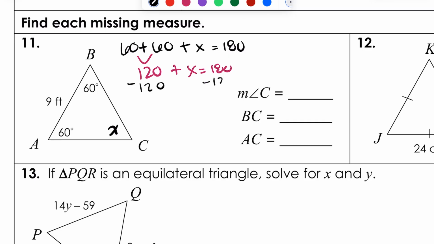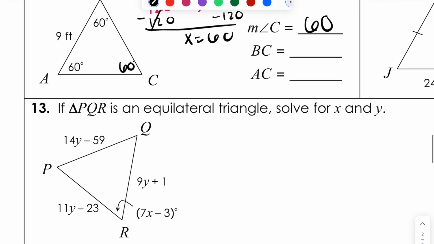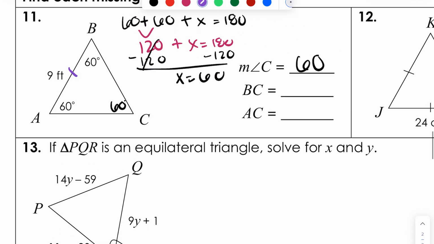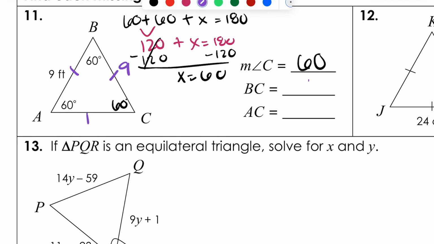Subtract 120 from both sides. X equals 60. Well then, therefore, all the angles are congruent, right? Because they're all 60. So since all the angles are congruent, all the sides are also congruent. So AB is 9, BC is 9, and AC is also 9.